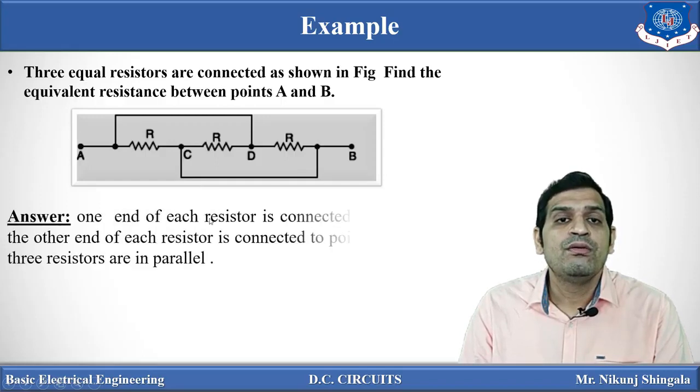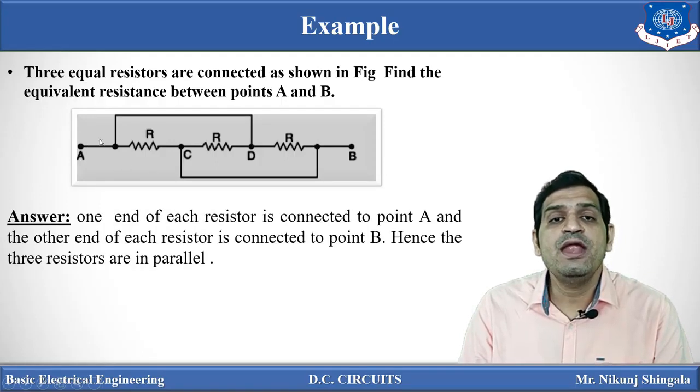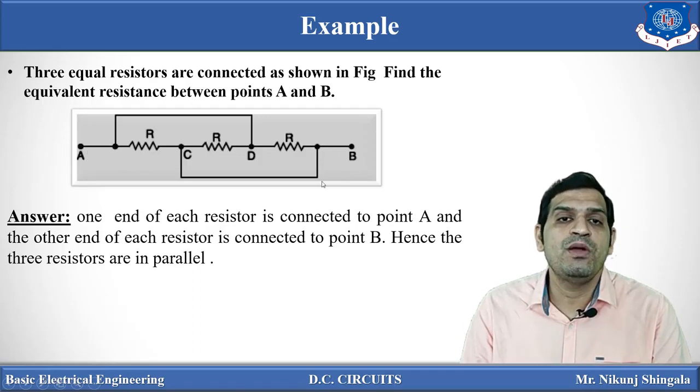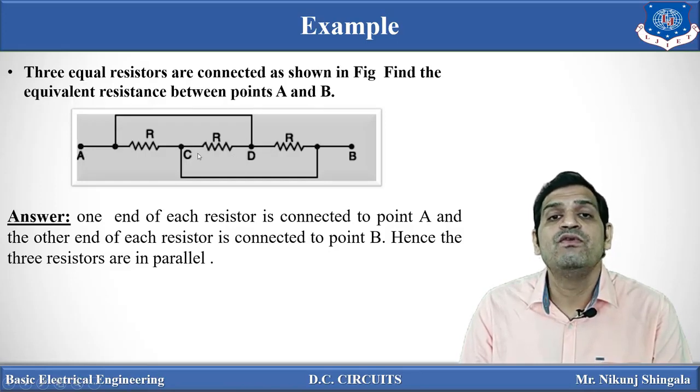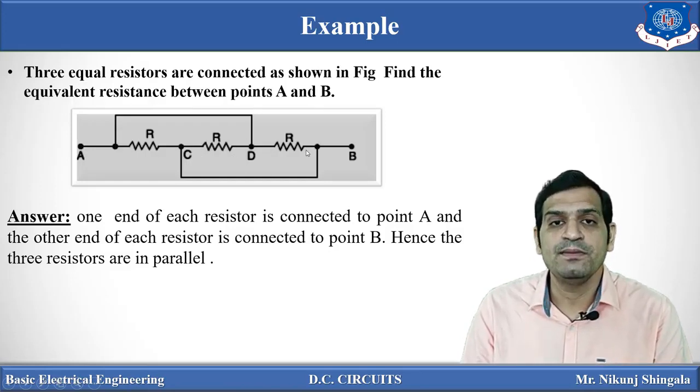One end of each resistor is connected to common point A. D is also connected to A, so these resistor ends are also connected to point A. Similarly, one end is connected to point B.